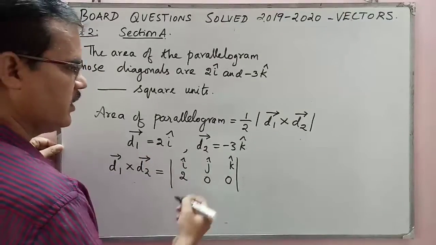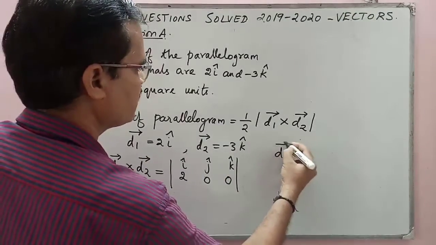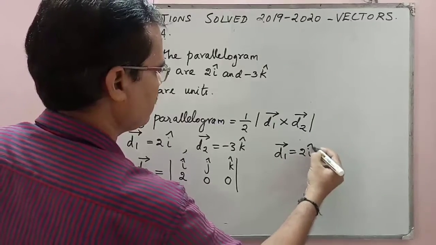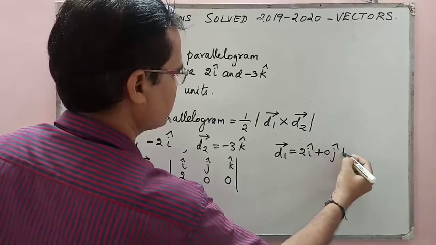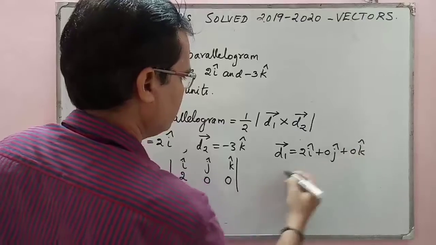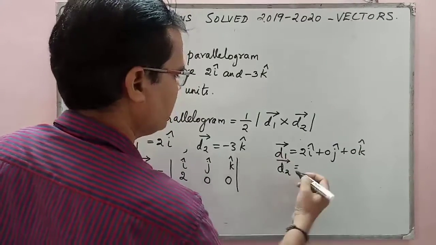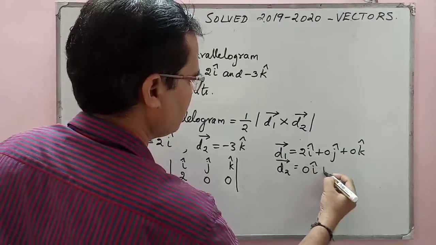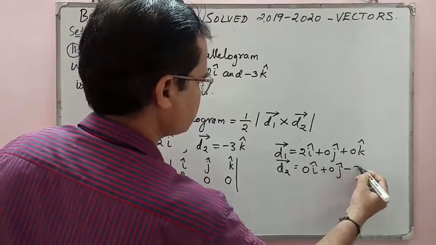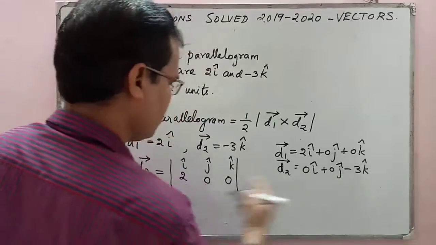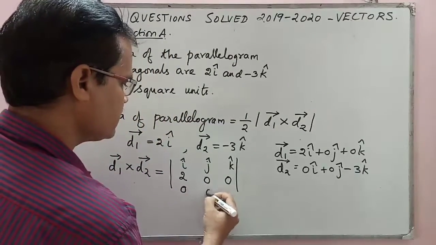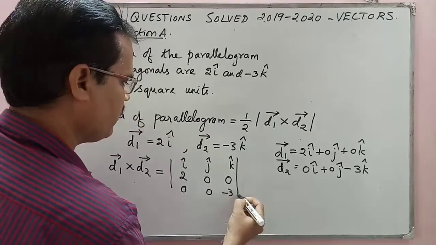If you want, you can write it as d1 vector equals 2i + 0j + 0k. d2 vector can be written as 0i + 0j minus 3k. This is what I am going to substitute here: 0, 0 and negative 3.